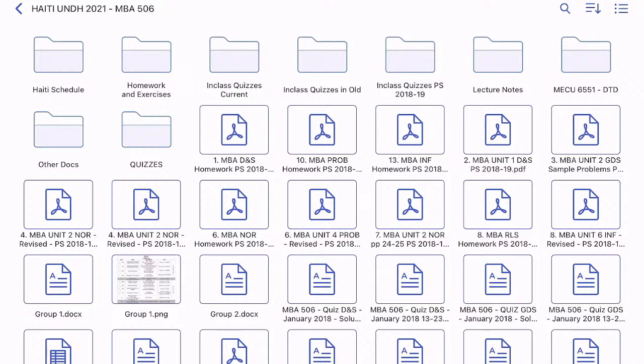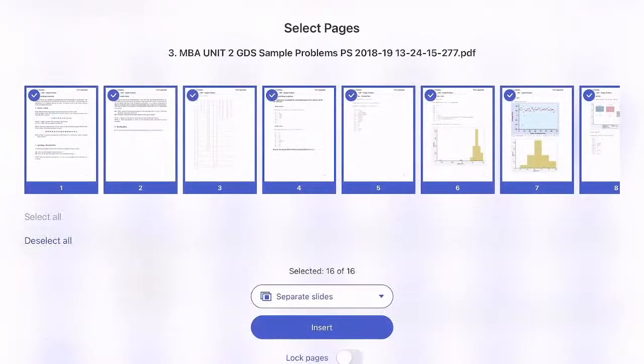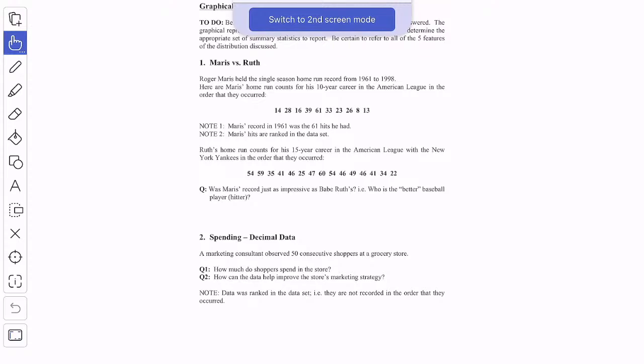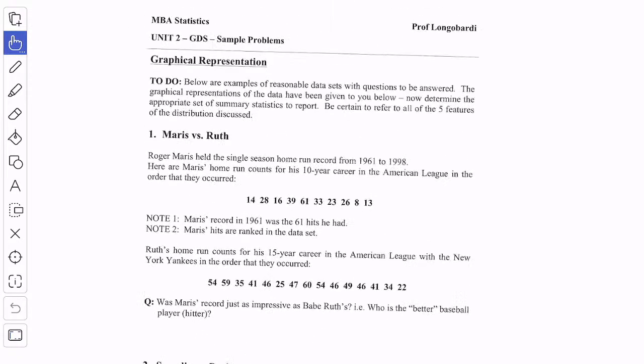There's this one. So make sure you have this one.